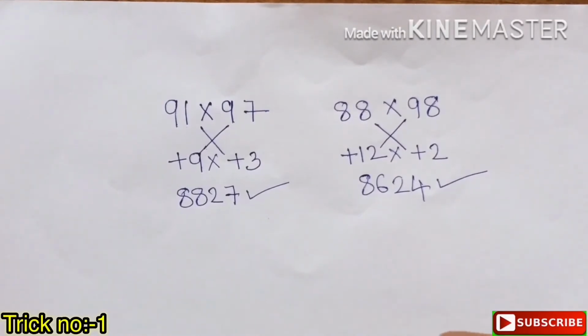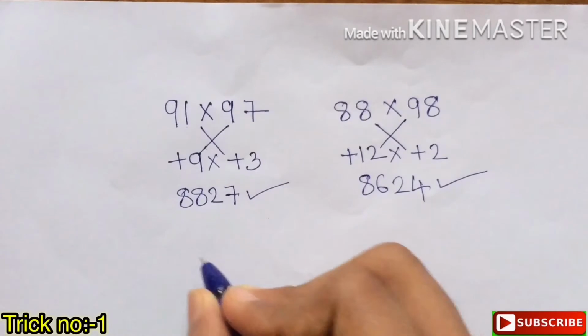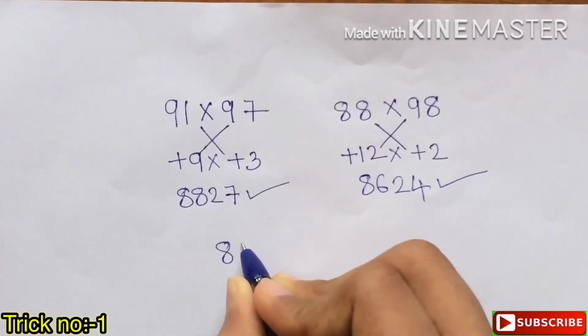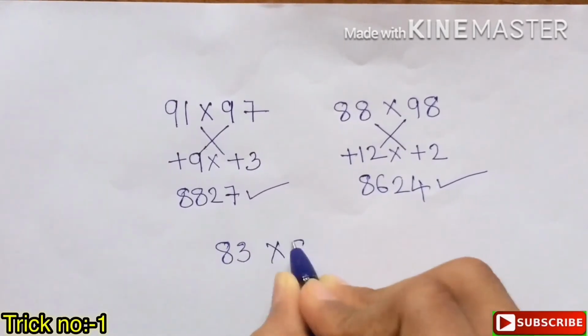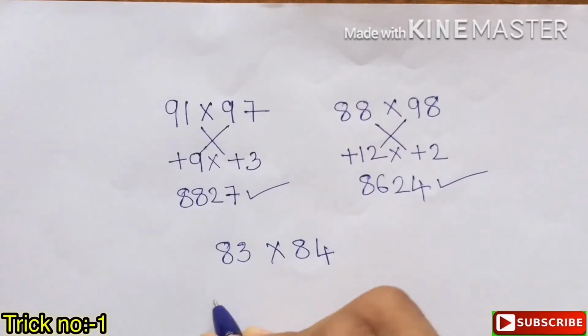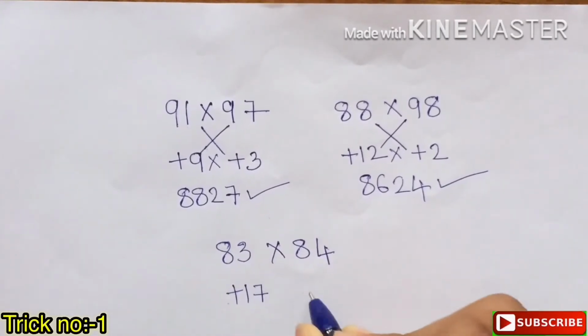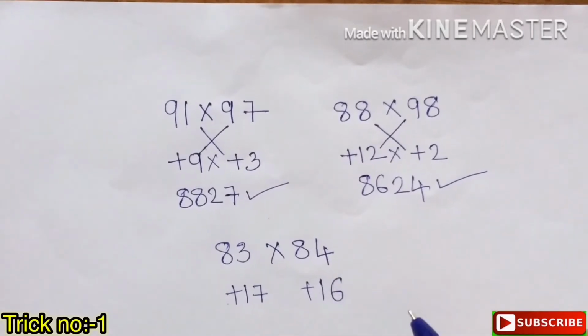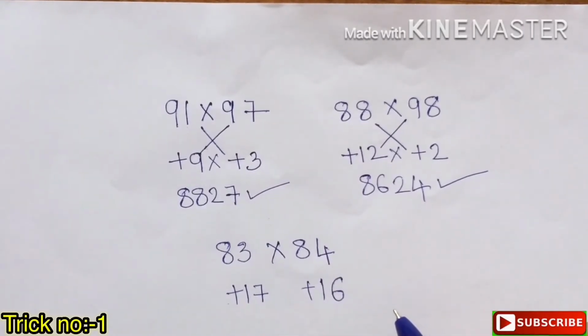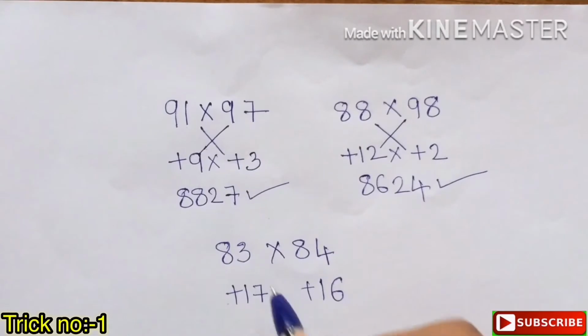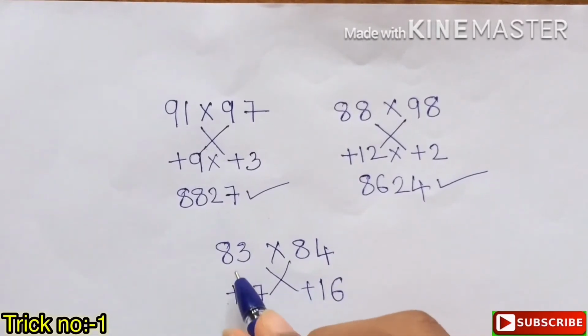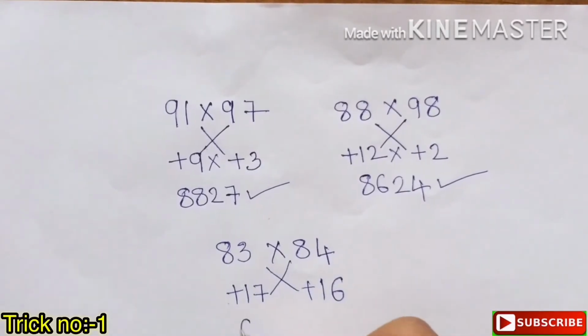And we can take our final example in this trick number 1 as 83 multiplied by 84. Here we add plus 17, then we get 100 and plus 16 here, then we get 100. And here cross subtraction again, 83 minus 16 is 67.